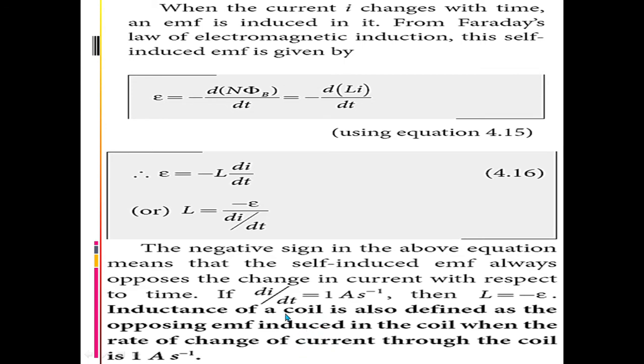That EMF opposes the further growth of the current in the same coil. That is why inductance is also defined as the opposing EMF induced in the coil when the rate of change of current through the coil is 1 ampere per second.